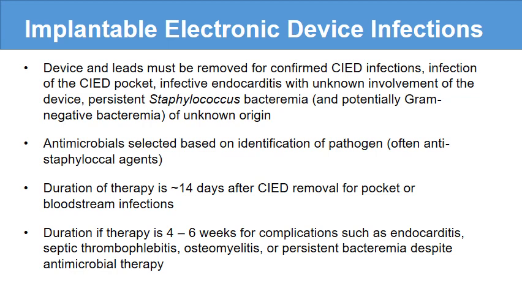Because you don't want the leads to become contaminated, if you're going to replace the pacemaker, typically you replace both the pacemaker and the leads so that you remove all foreign objects during the treatment course of whether it be the device-related infection or the infective endocarditis.